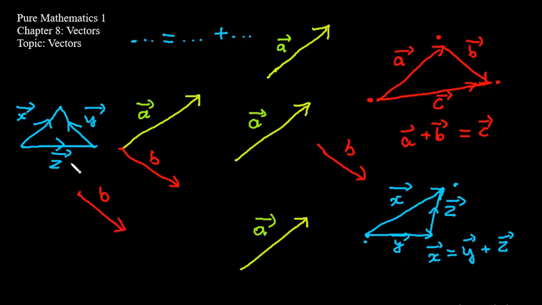I have a tip for you guys. When the end of a vector is also the beginning of the next vector, those are the two component vectors for this equation, and the remaining one will be the sum. Look here, the end of this one is this point. It is not the beginning of another vector, so it's not correct.